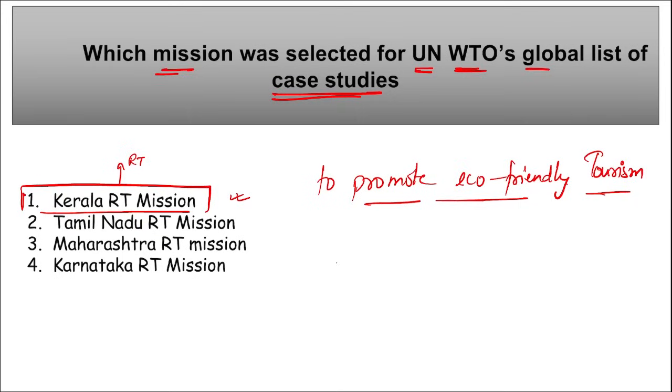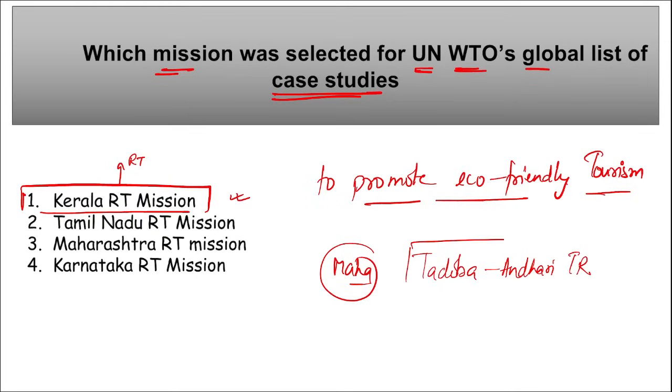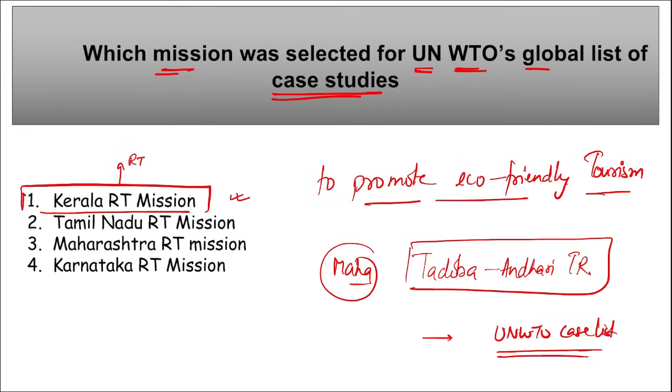Correct? Then apart from Kerala's RT mission, Maharashtra's Tadoba Andheri Tiger Reserve project is the only Indian case study to be featured in this UNWTO list. That is Maharashtra's Tadoba Andheri Tiger Reserve, right?